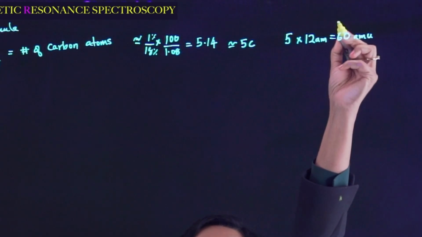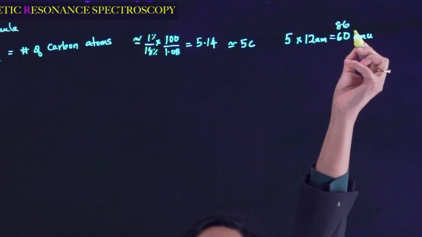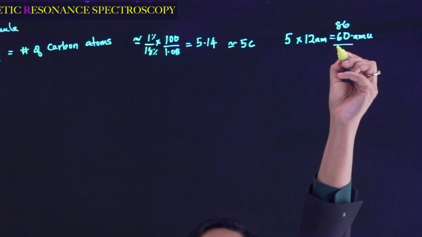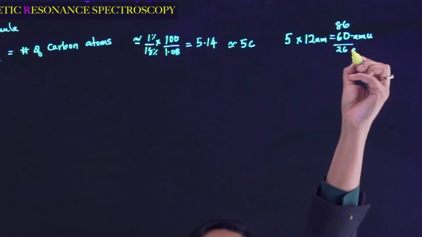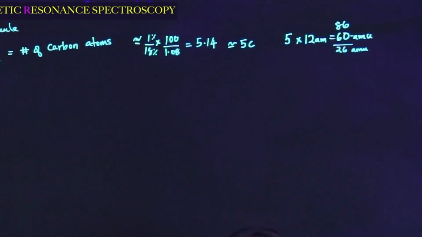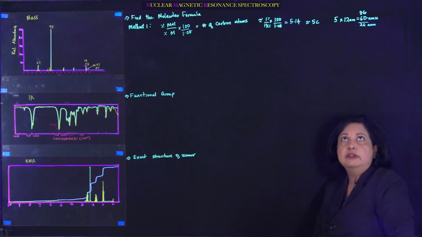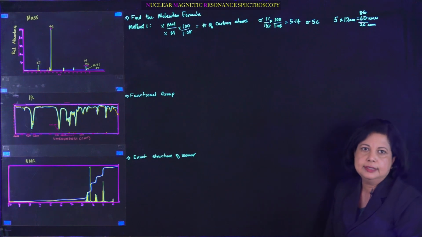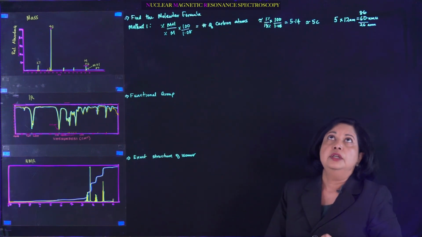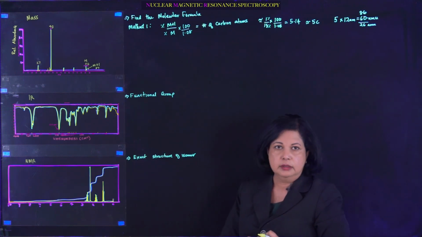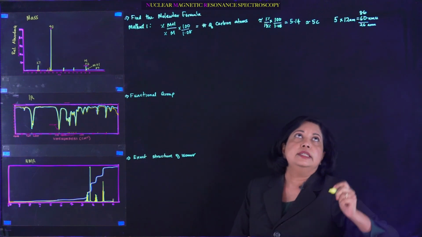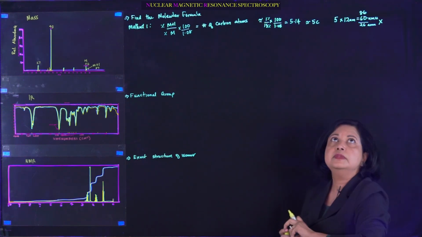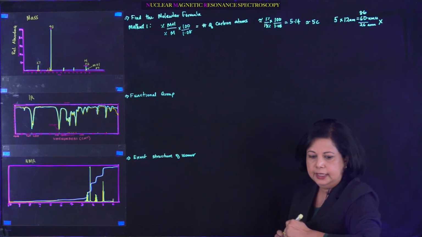If you take that and subtract it from 86, that's going to give you 26 AMU, and if that's all hydrogens, you would have a formula C5H26, which would exceed the number of hydrogens you could put on 5 carbons. Therefore, this is incorrect. Well, let's do the second method then.